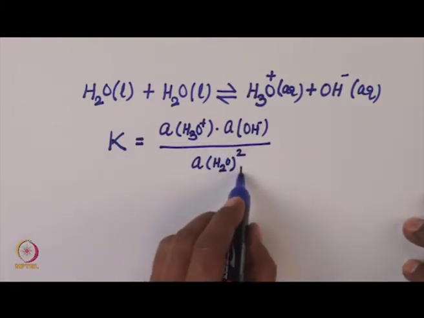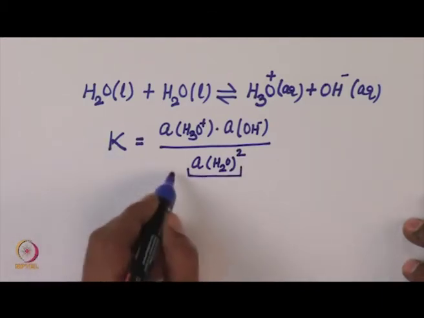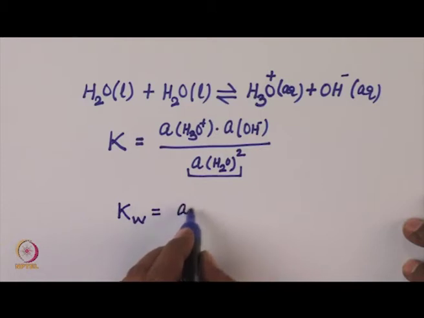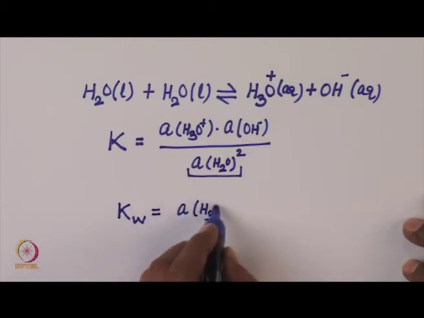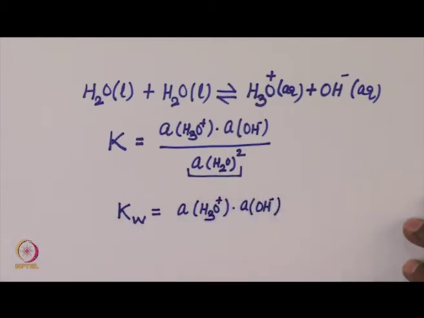Now, if I take the activity of water to be 1 and consume it along with K, I will write another constant which is called Kw, and this is the activity of H3O+ into the activity of OH-.